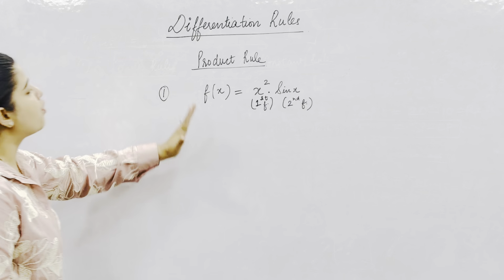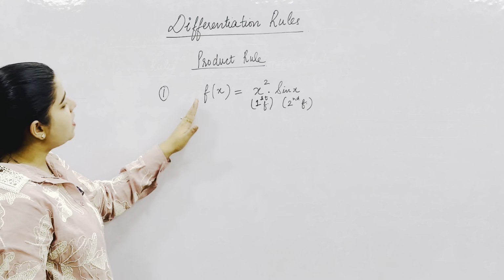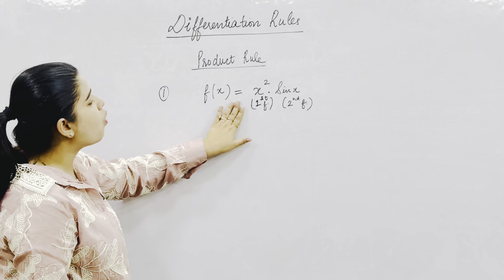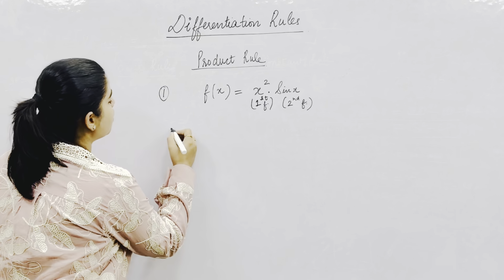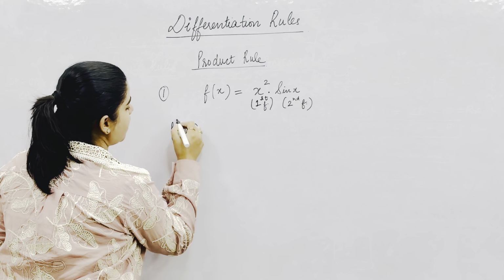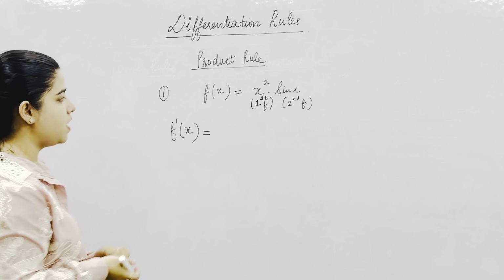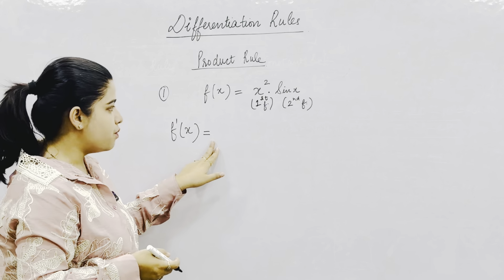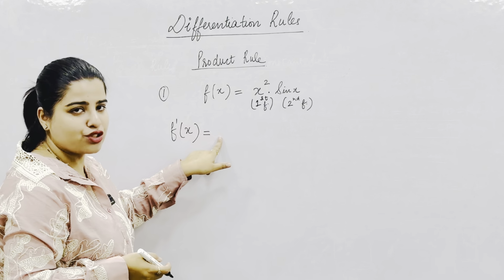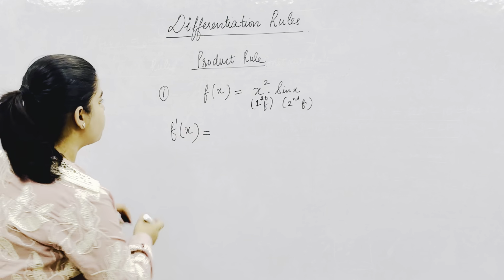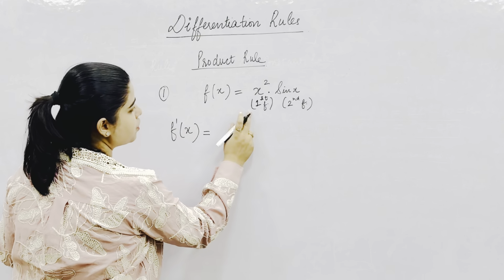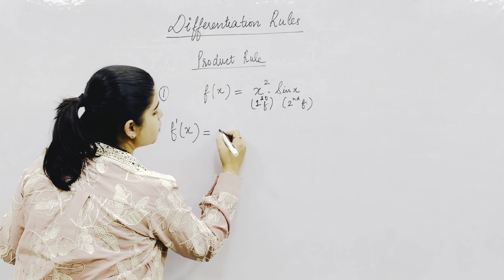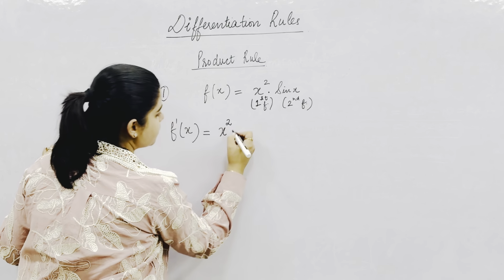Okay, now what our product rule says, for finding out the differentiation of this whole function: f dash of x will be equal to, we'll write the first function as it is first. The first function is x squared, so we'll write here x squared.